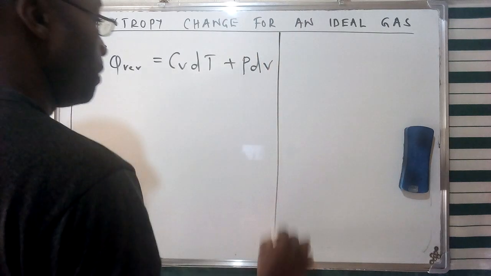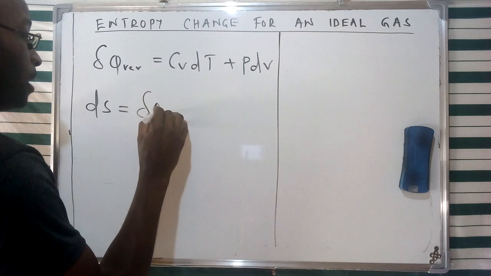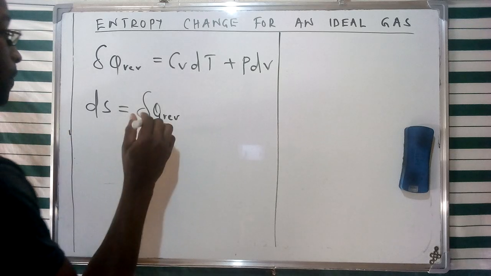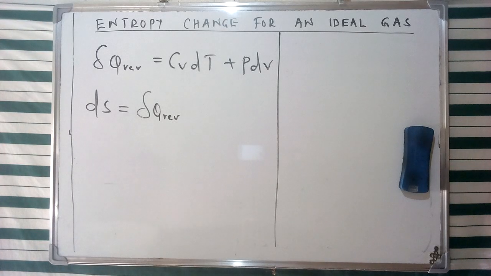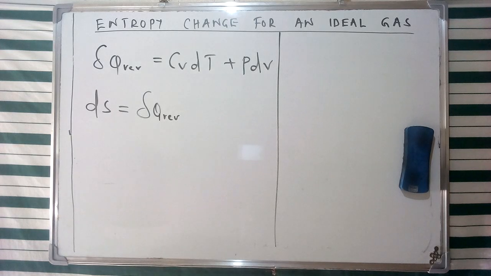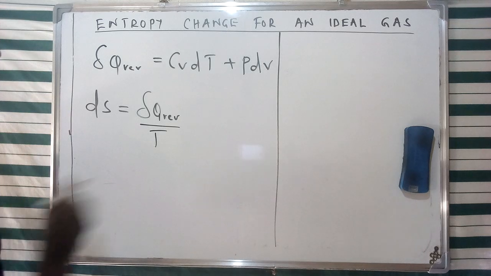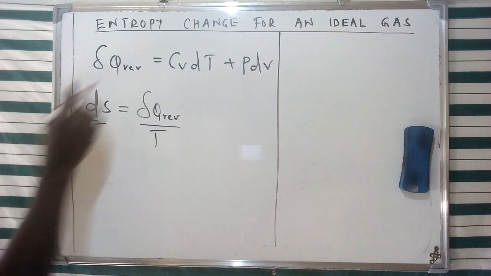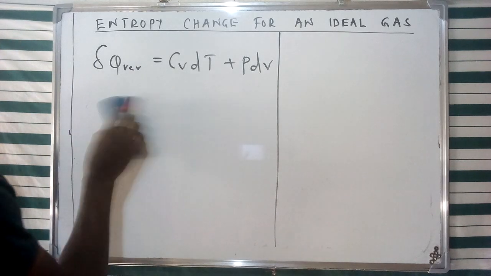And we have said that we can give the change in entropy using this part of the equation, which is the energy, Q reversible, by dividing it by T. We have mentioned that this aspect of entropy is the change in heat over absolute temperature, and therefore this was given as a ratio of Q reversible over T. And for us to find this change in entropy from this first equation, we're going to divide this equation by T.